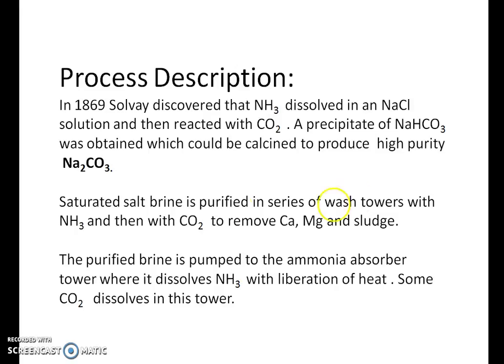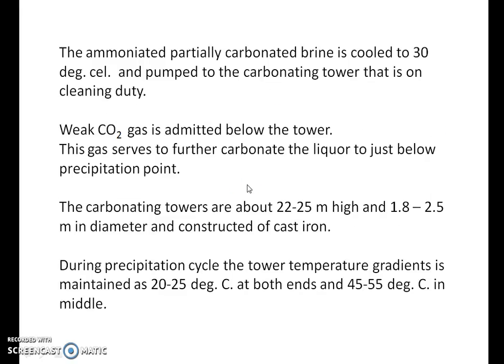So you can see, you remove the impurities first, then dissolve ammonia, then dissolve CO2. Now the main unit is the carbonating tower, which is around 22 meters high and 1.8 meters in diameter, made of cast iron. It is operated in a very logical way, where you have two ends operating at a low temperature, whereas one section operates at 45 to 55 degrees centigrade.